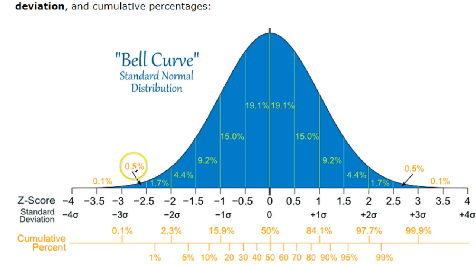For example, there's only 0.5 and 0.1 here, so it'd be 0.6. Whereas if I was looking at 2, I would add up 4.4, 9.2, 15, 19.1, all of these. Basically, if you go up to this point and add up all these numbers, and then add it with 50, because this is going to be 50 no matter what, you should be able to get the actual probability percentage. And that's where we're going to be going with this stuff, and it's really cool.